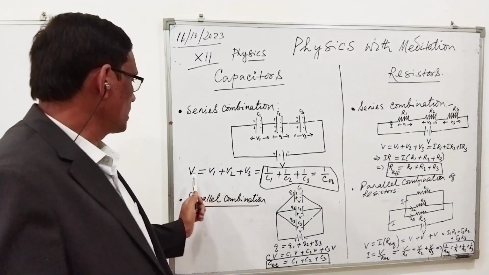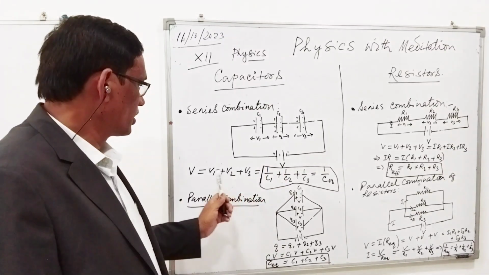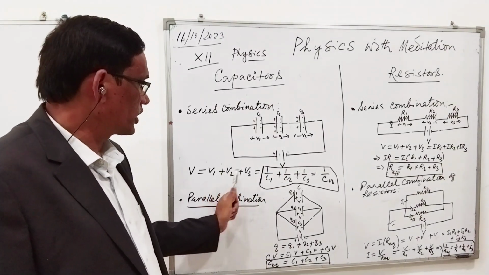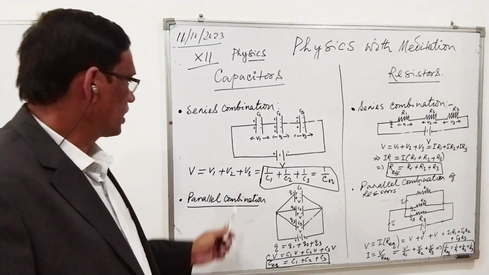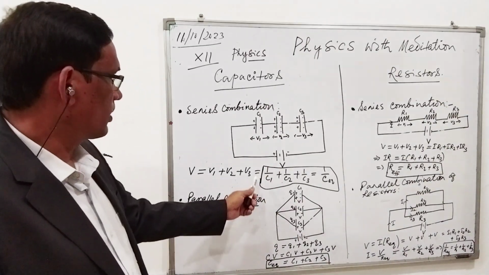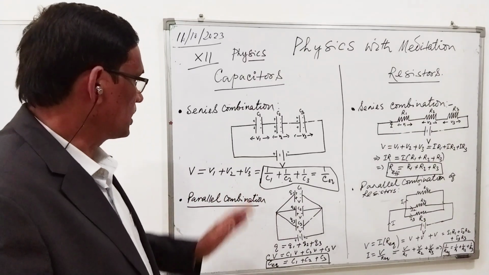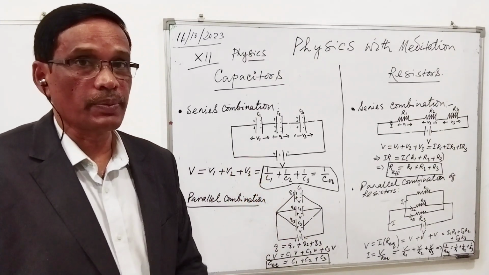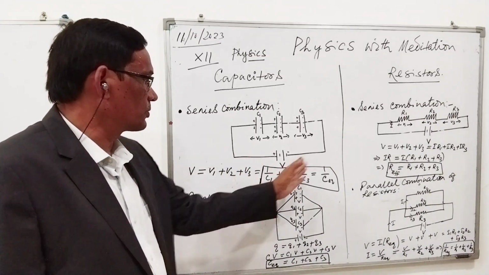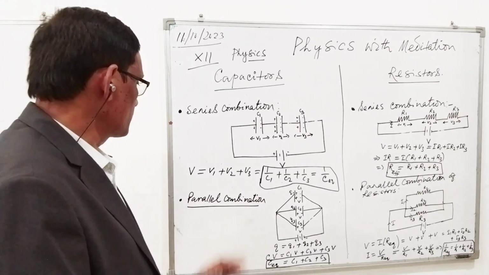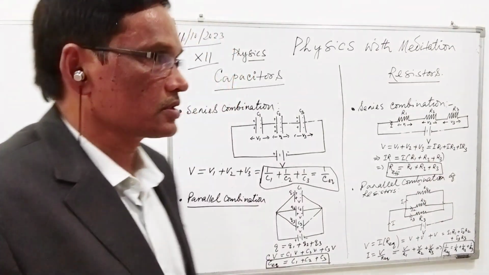That means the overall potential V which we are supplying from the source should be equal to V1 plus V2 plus V3. That is why, write V1 in the form of the charge and the capacitance, V2 in the form of charge and capacitance, V3 in the form of charge and capacitance, and V in the form of charge and capacitance.